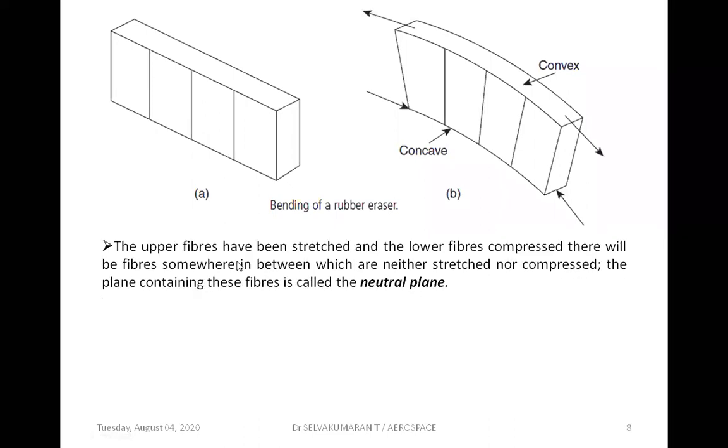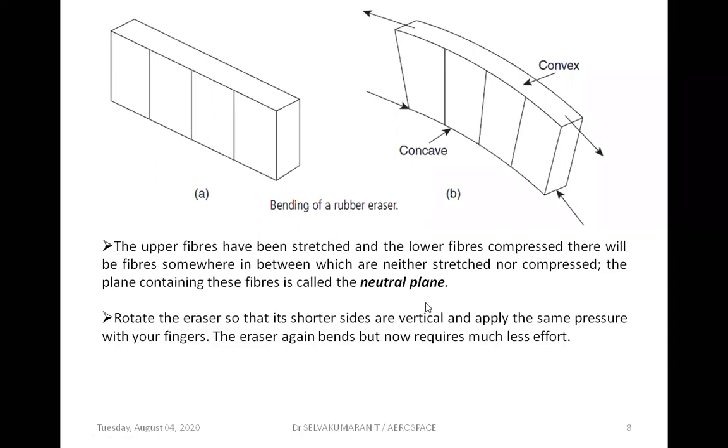So you could see here the upper fibers have been stretched and the lower fibers have been compressed. The fibers in between, which are neither stretched nor compressed, form the neutral plane, that we studied in solid mechanics, and the corresponding axis we call the neutral axis, where the bending stress is zero.